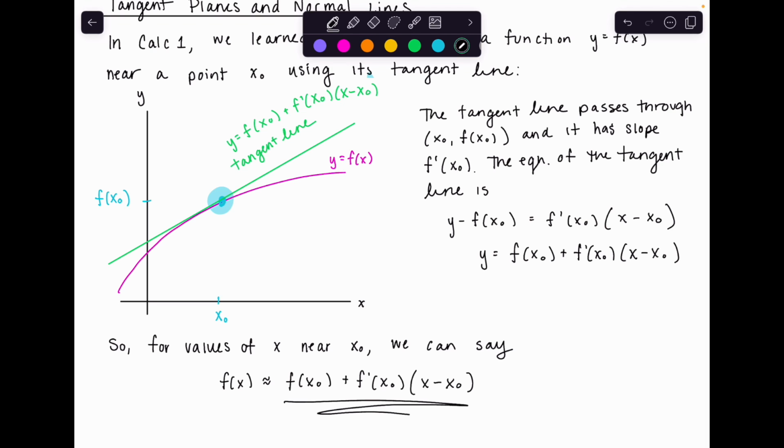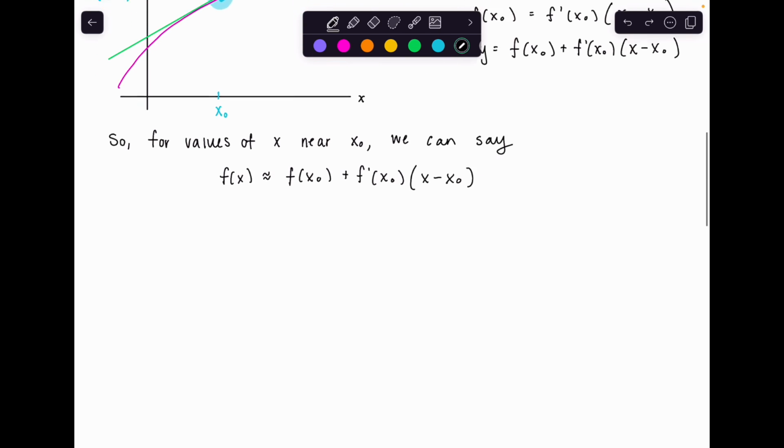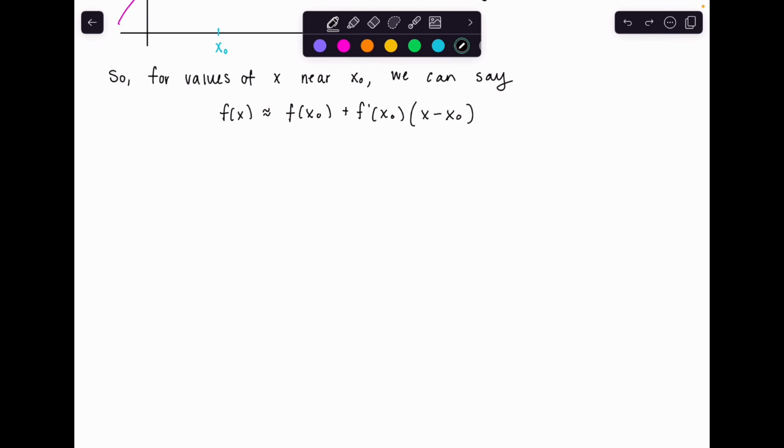If you also remember in Calc 2, you learned these are just the first two terms of the Taylor series at that particular value. Well, there's Taylor series for multivariable functions too. And so this just ends up being the first couple terms of the multivariable Taylor series. So we're going to go ahead and build this just so you can see again how this all ties in together. But I want to come up with the tangent plane.